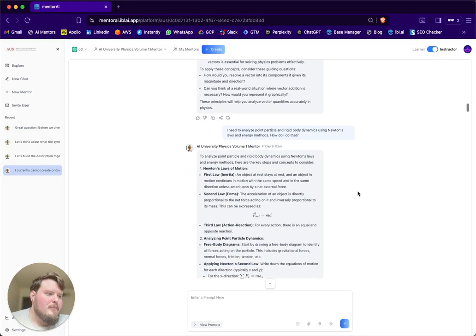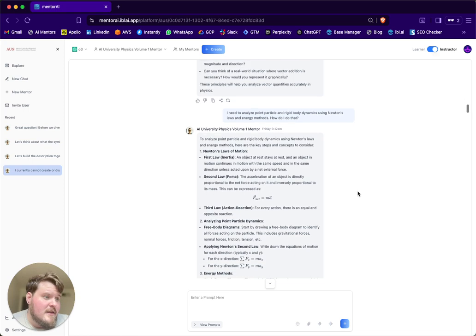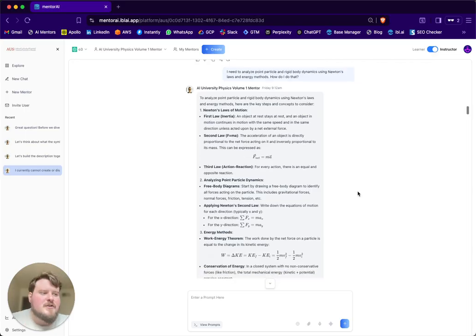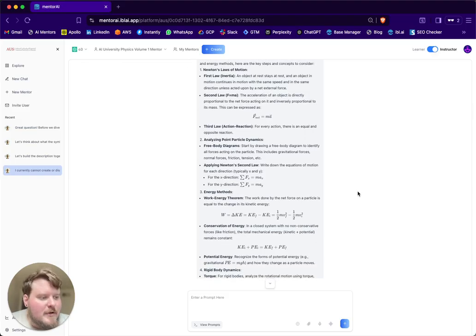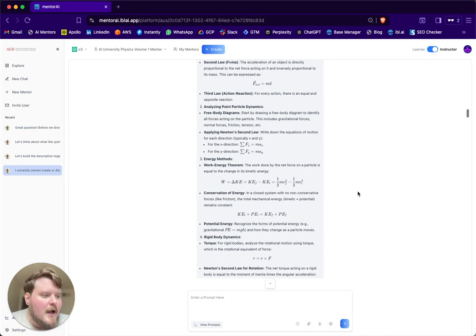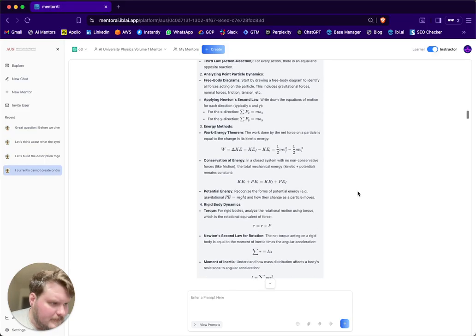Next, I'm asking about point particle and rigid body dynamics using Newton's laws and energy methods. Again, the mentor is breaking down how we do that without actually doing it for us by giving us a very comprehensive walkthrough to make sure we understand each portion of this, and a couple example equations that students can then go and use with the actual data that they're working with.